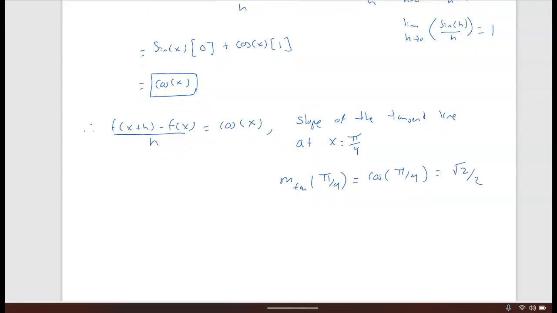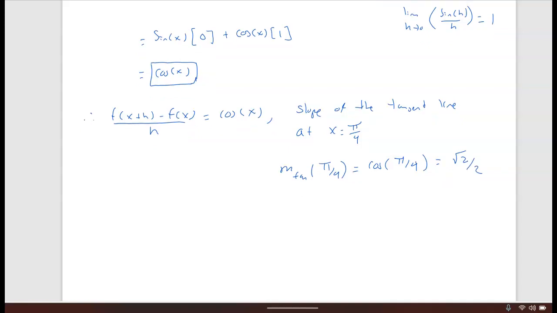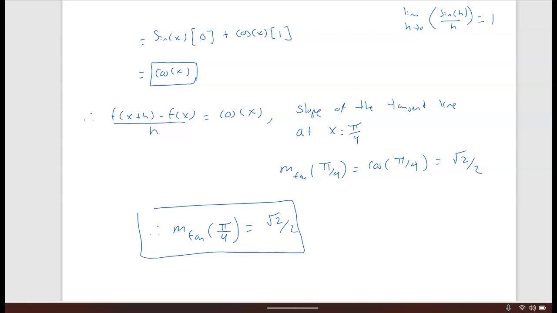It's one of the identities. So m tangent at pi over 4 is equal to the square root of 2 over 2. This is going to be our final answer.